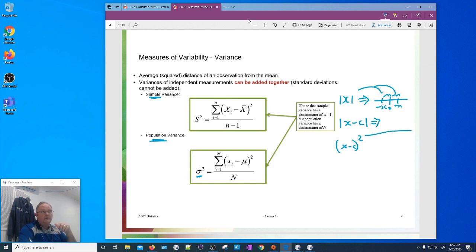Well, in this case, if we've got a value x that's being varied by c above and c below, x minus c and x plus c, again it's telling us about the distance between the two. So geometrically, I'm not sure if that's been made obvious to you in the past, but it's a distance formula.